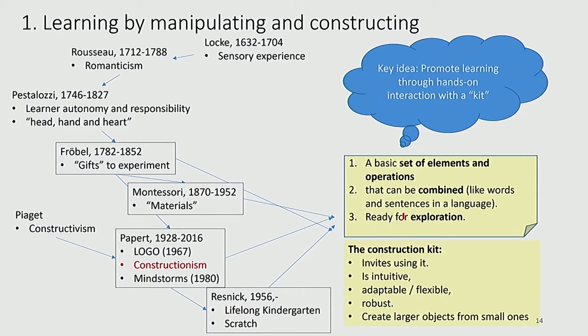That kit can be something on the computer, or also something physical like Lego. And this kit has a basic set of elements and operations. You can put things together in different ways, and these kits are ready for exploration. As soon as you light up your Scratch, or open your Lego box, you can start putting stuff together and see what happens.